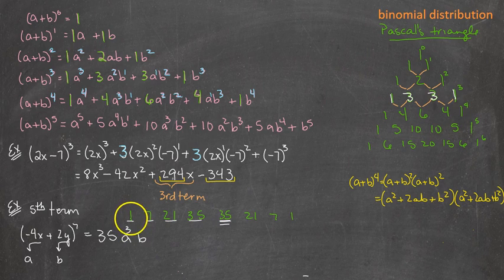I could do B to the 0, 1, 2, 3, 4th power, or I could say B to the 7, 6, 5, 4th power, whichever way I want to work. Now, having done that, that's just 35 times negative 4x cubed times 2y to the 4th power.